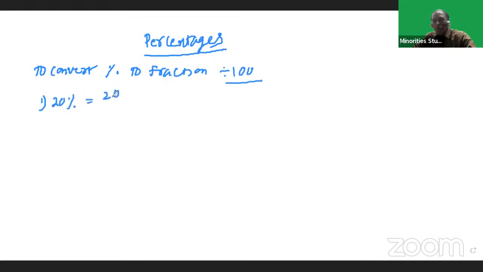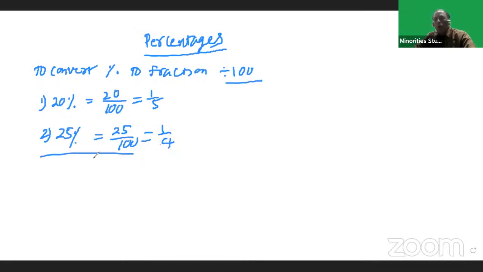What is the meaning of 20 percent? 20 by 100 is equal to 1 by 5. What is 25 percent? 25 percent is equal to 25 by 100, which is equal to 1 by 4. Clear?